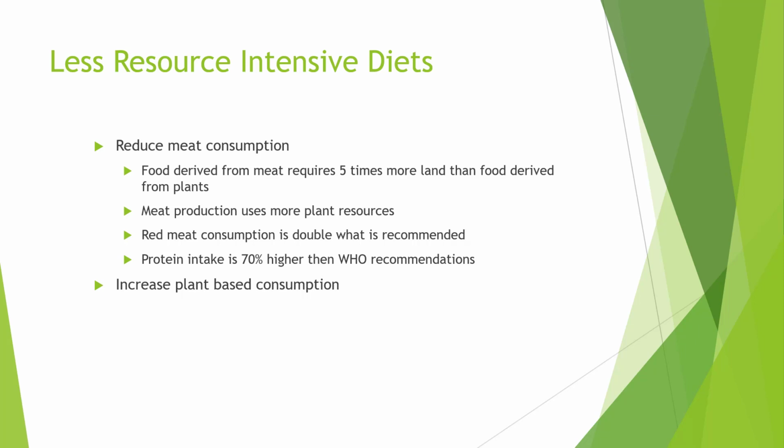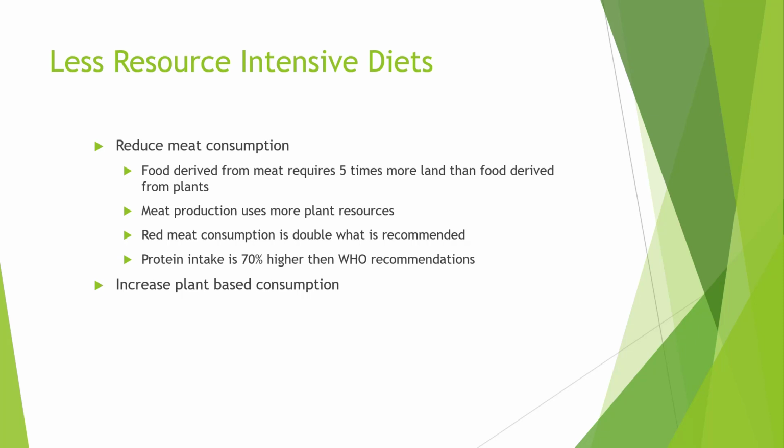Meat requires 5 times more land than food that is planted, that is land for grazing. They also require more plant resources for chickens and everything else, the hay, grasses, everything that goes into production of meat, and so beef and pork and fowl.